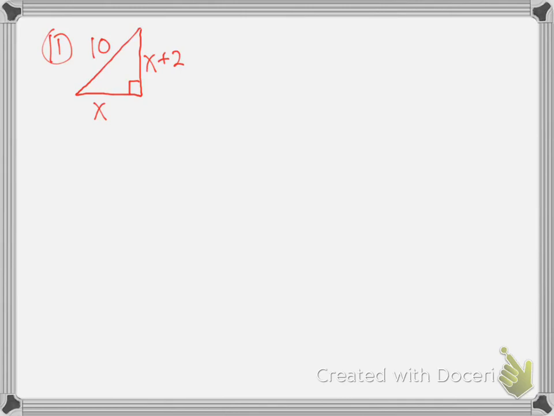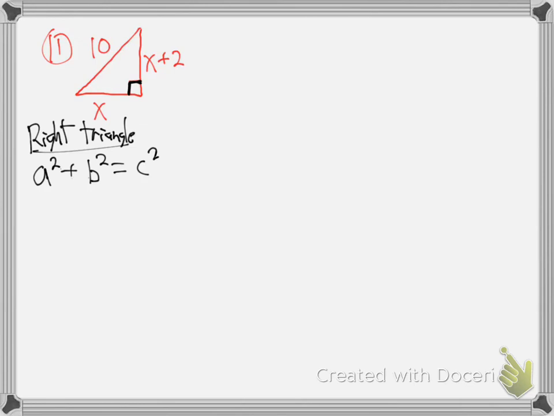Do you know? For a right triangle, meaning this little box in the corner, that's a 90 degree right angle. So this is therefore a right triangle. Whenever you have a right triangle, you can use the Pythagorean Theorem: a squared plus b squared is c squared.